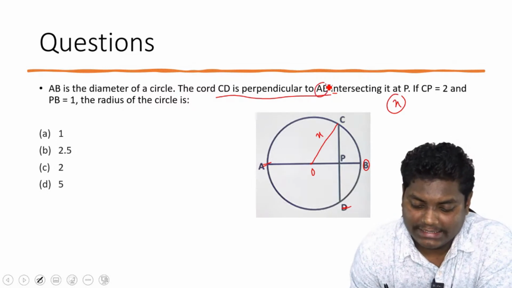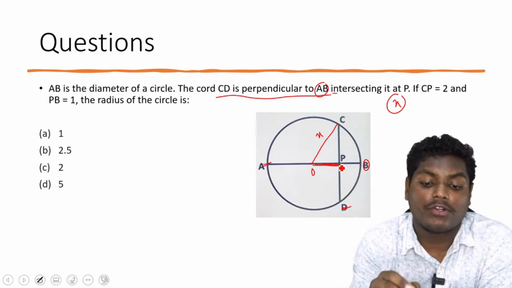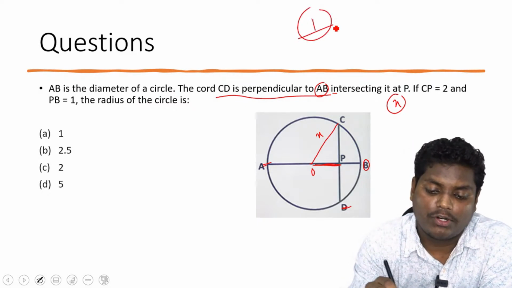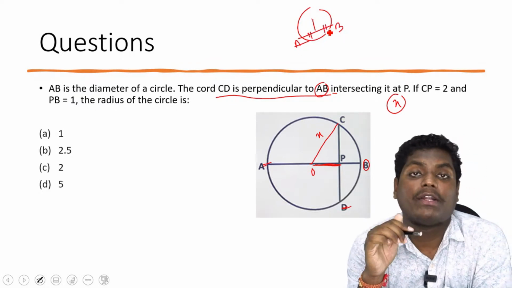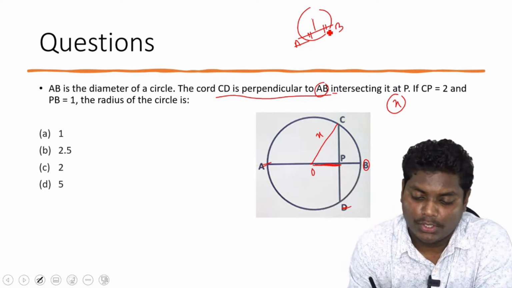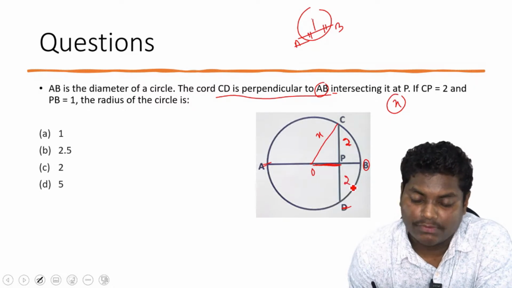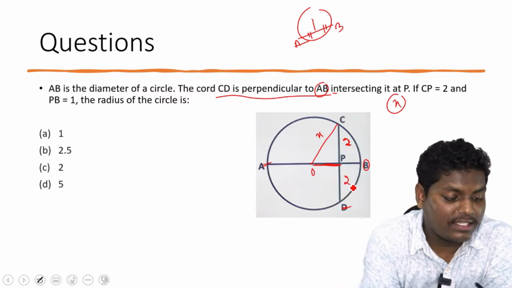So basically this line will bisect this CD, by the theorem we have discussed: if from the center we draw a perpendicular to the chord, that perpendicular line will bisect the chord into two halves. So if they have given CP to be 2, then this will be 2. Okay, and what is the other information they have given?